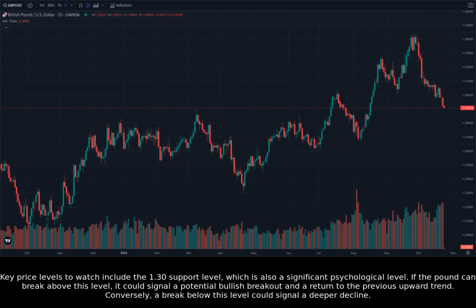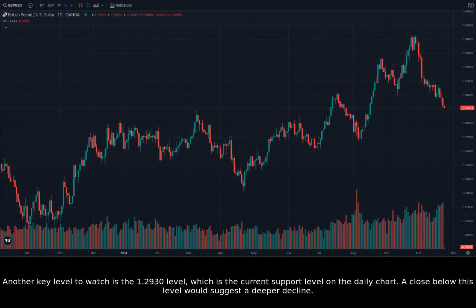If the pound can break above this level, it could signal a potential bullish breakout and a return to the previous upward trend. Conversely, a break below this level could signal a deeper decline. Another key level to watch is the 1.2930 level, which is the current support level on the daily chart. A close below this level would suggest a deeper decline.